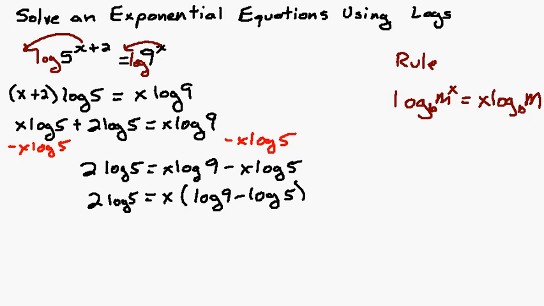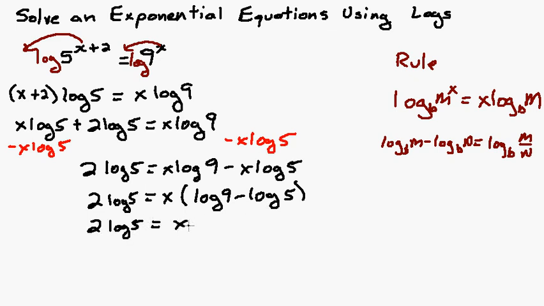On the right hand side, there's a rule that says log base b m minus log base b n equals log base b m over n. So on the right hand side, let's use that rule with the log 9 minus log 5 to combine those into one log. So we'll get 2 log 5 equals x times log of 9/5.